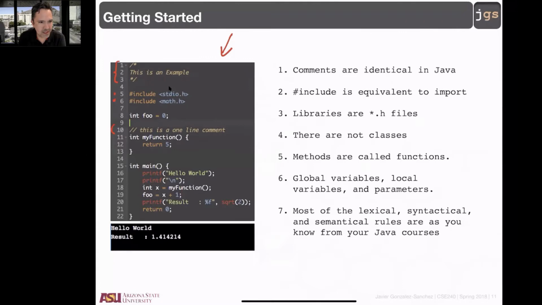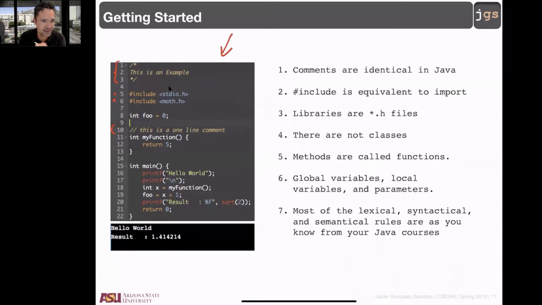Include, import. Those two are importing libraries or including libraries, whatever word you want to use. The name of the library: in Java, you put something dot something dot something dot something, very long names for the libraries.